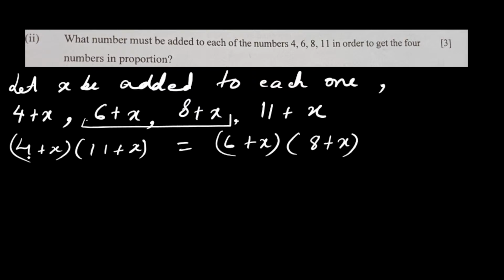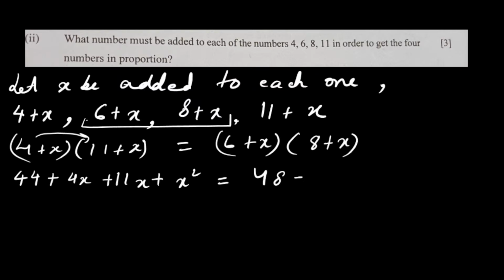You can simplify this. After bracket multiplication, what will you get? 44 plus 4x plus 11x plus x square equals 48 plus 6x plus 8x plus x square. So x square and x square you can cancel.